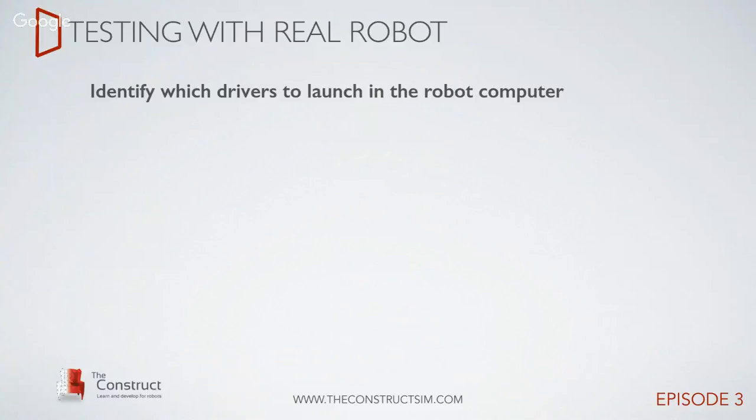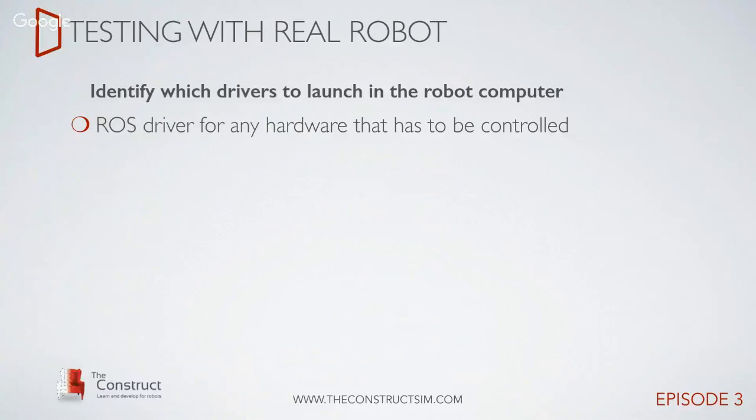Then the first thing you have to do before anything can be tested on the real robot is to identify the ROS drivers that you need to launch in your robot computer. Those are the drivers that connect to the hardware of your robot and allow you to control that hardware by using ROS topics or ROS services or actions or whatever. This usually applies to the sensors and to the actuators.